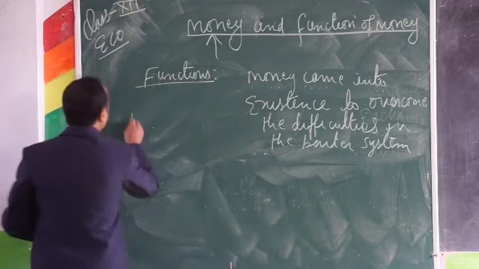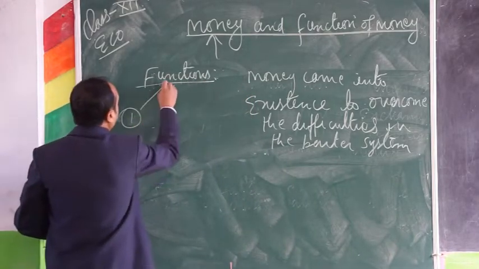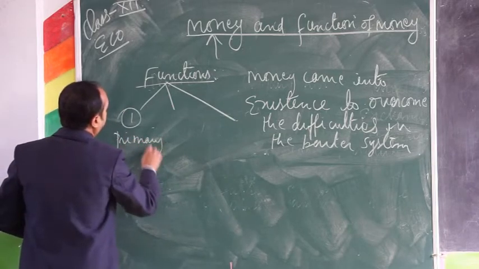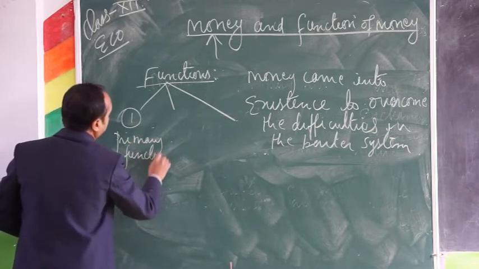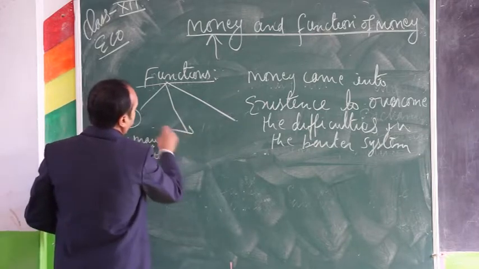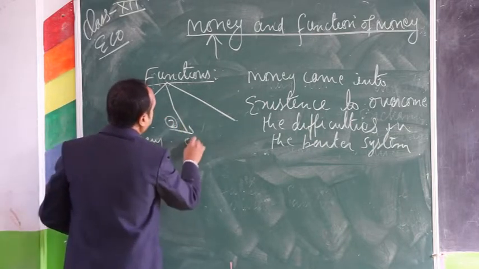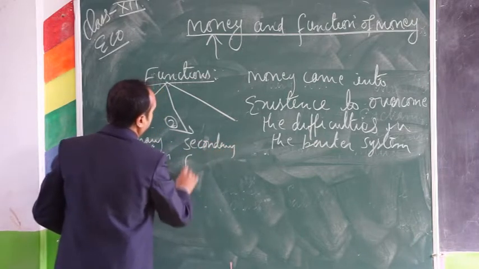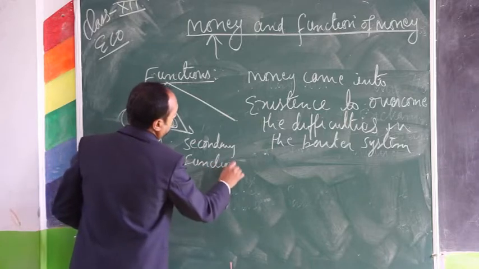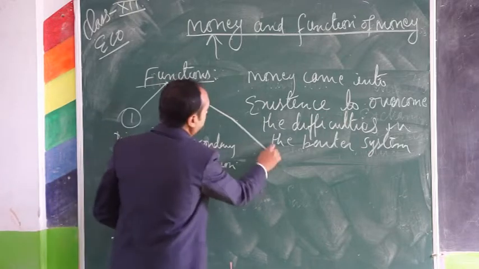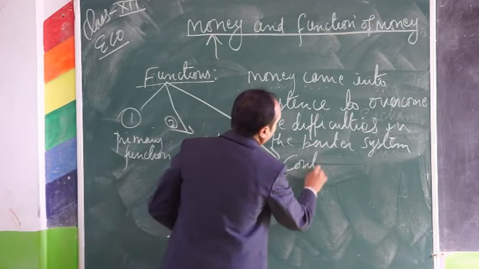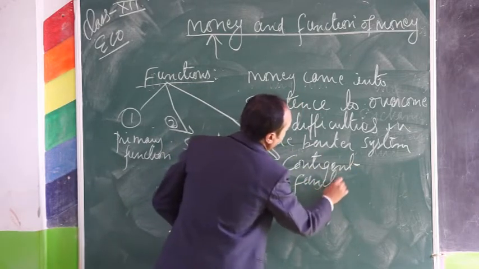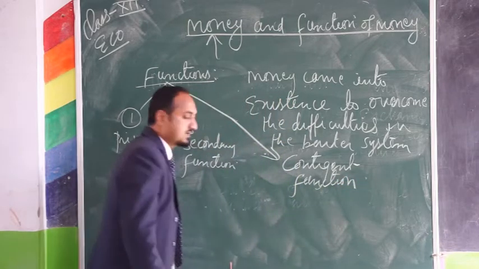Now the important functions of money are divided into 3 important parts. Number 1 is the primary function, number 2 we have the secondary function, and number 3 we have the contingent function.